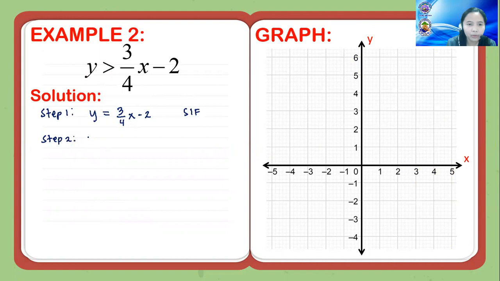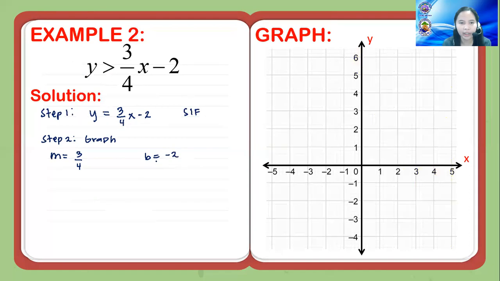For step 2, you have to graph the equation y is equal to 3/4 x minus 2. To graph the slope-intercept form, determine the value of m and the value of b. M is the slope, b is the y-intercept. From the given, the value of m is 3/4 and the value of b is -2.